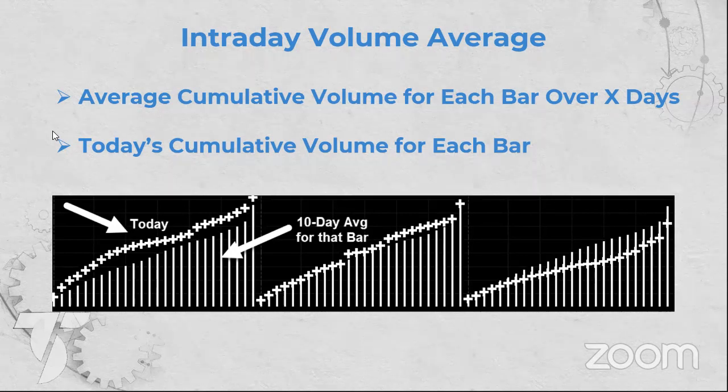And the little crosses that you see there are today's cumulative volume for each bar. So when the crosses are above the histogram, we have higher volume at that point in the day than the average. And when the crosses are below the histogram, we have lower volume than the average volume at that point over the last 10 days. That's the whole concept right there.